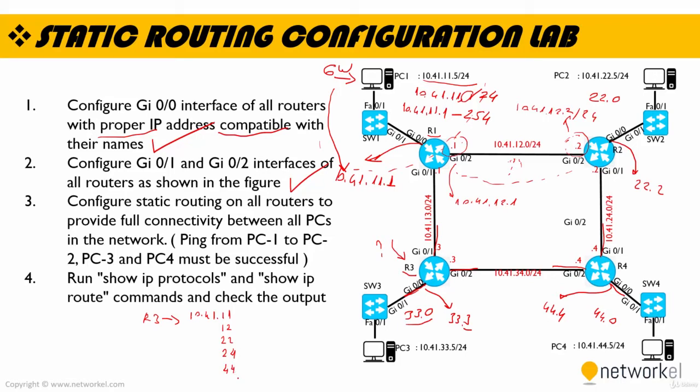Alright. Because router 3 is not directly connected to these networks, and it doesn't know how to get to these networks, I'm going to teach these networks to router 3 using the static IP configuration.